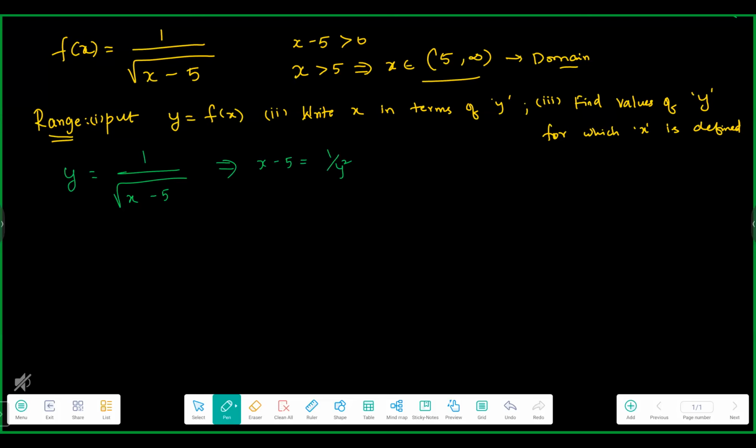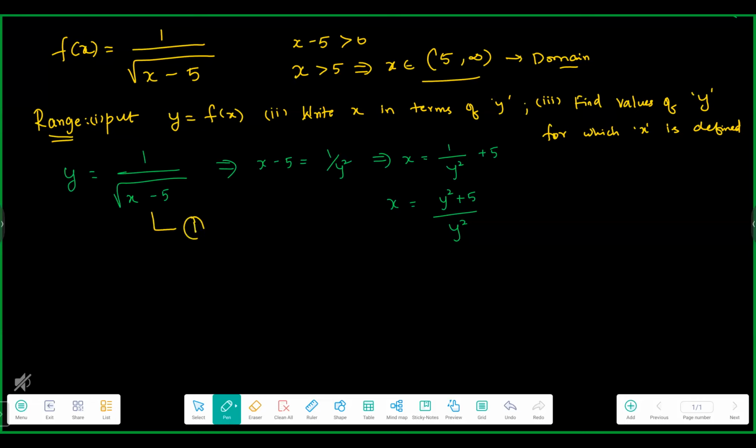So x minus 5 is equal to 1 by y square, which implies x is equal to 1 by y square plus 5. I told you to write x in terms of y, so x will be equal to (y square plus 5) divided by y square. Is this point clear?